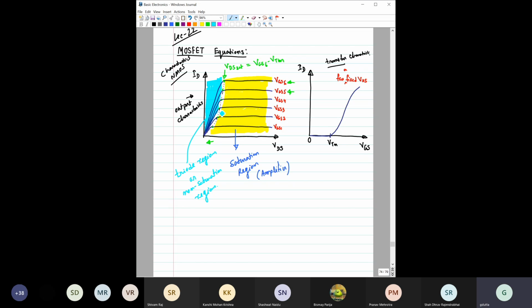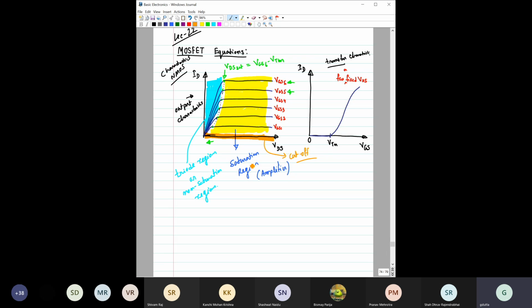So this region is the non-saturation region, and this region is the saturation region. And obviously, when the gate voltage is below the threshold voltage, the current would be almost zero. So you can also guess there would be a region where the current is zero. So this would be the cutoff region, right? So three regions: cutoff, triode region or non-saturation region, and the saturation region.